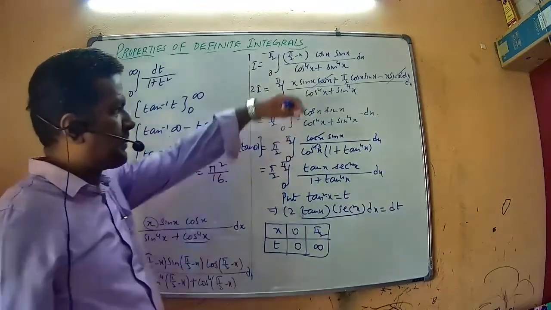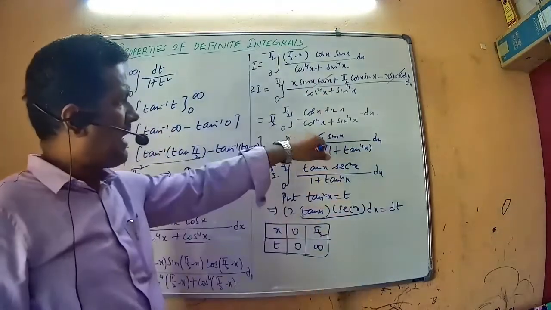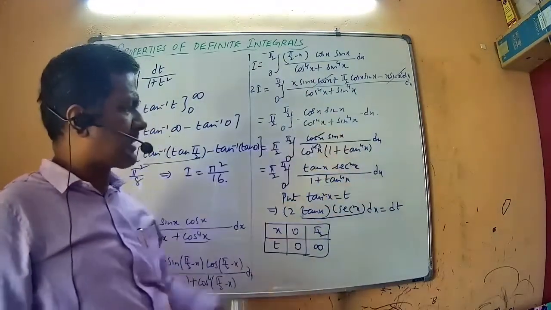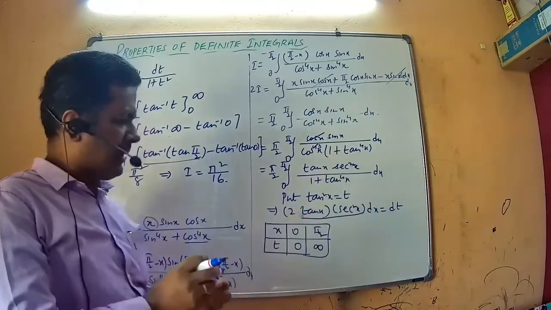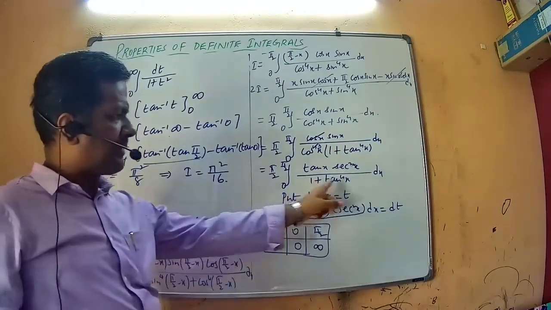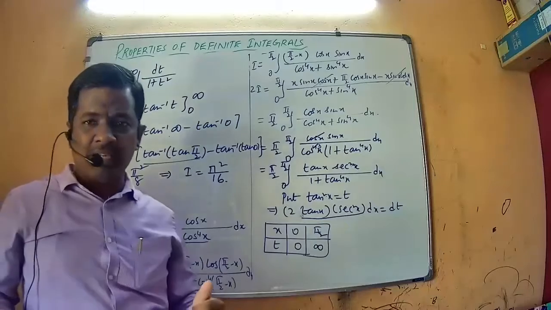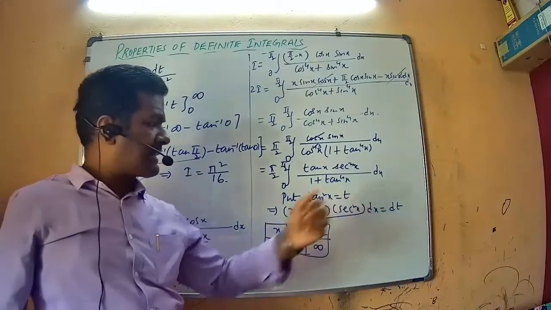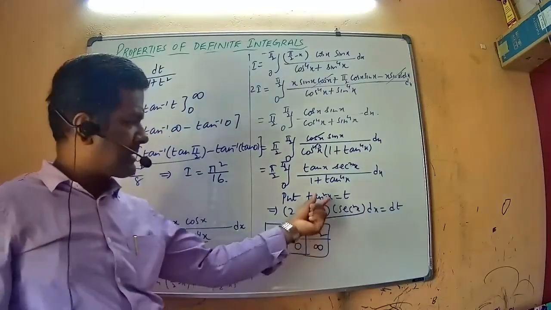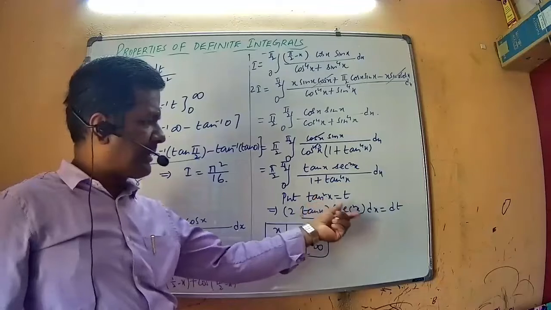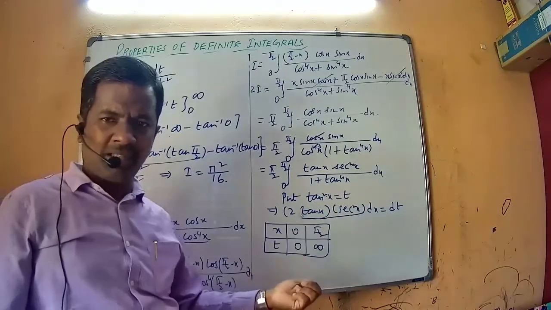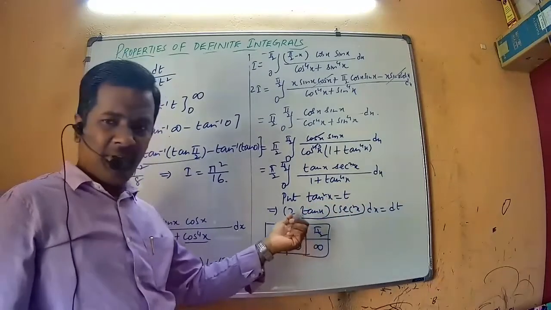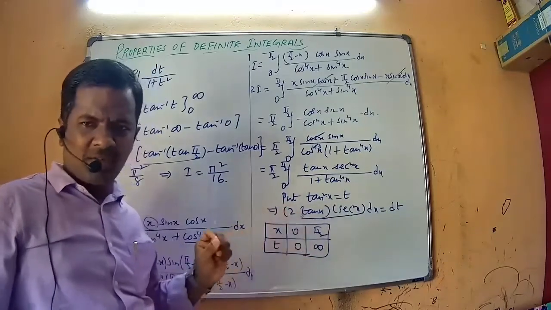So after applying the property once, I have taken cos power 4x common. I am left with tan x into secant square x in the numerator, while the denominator is 1 plus tan power 4x. Then I substituted tan square x as t. Its derivative is 2 tan x into the derivative of tan x, which is secant square x. In the substitution method for definite integrals, limits also will change.